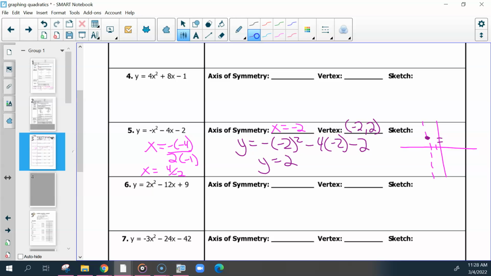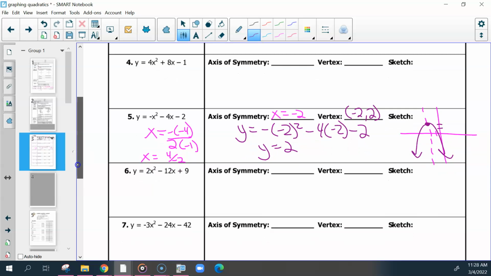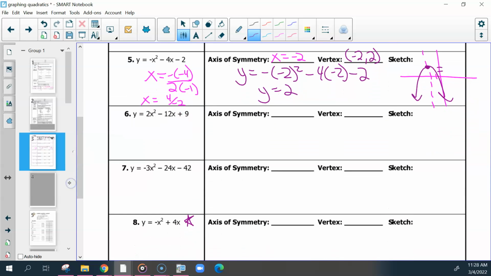Down. We're going to do a couple more of these, then I'm going to let you try some on your own. Do you have any questions on 5 before we do the next one?